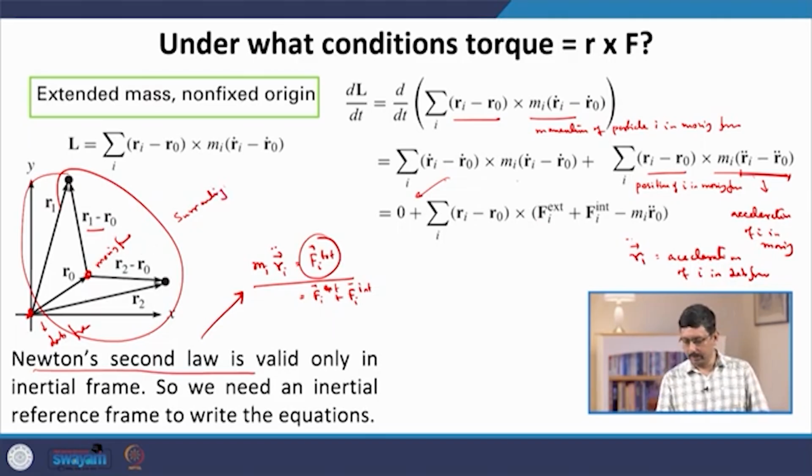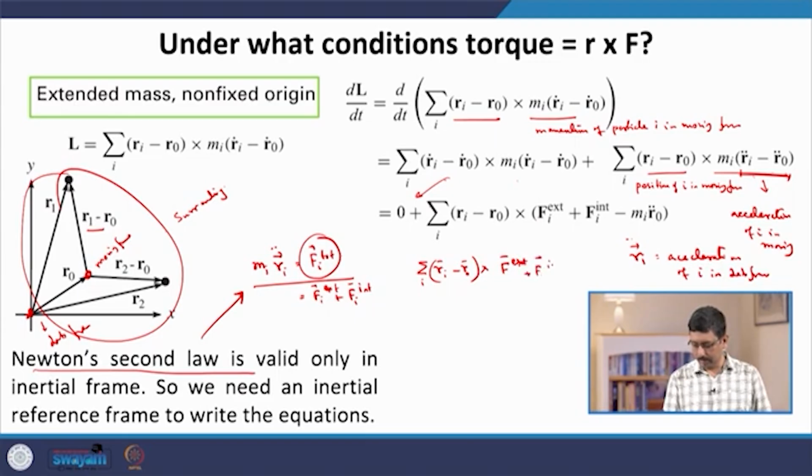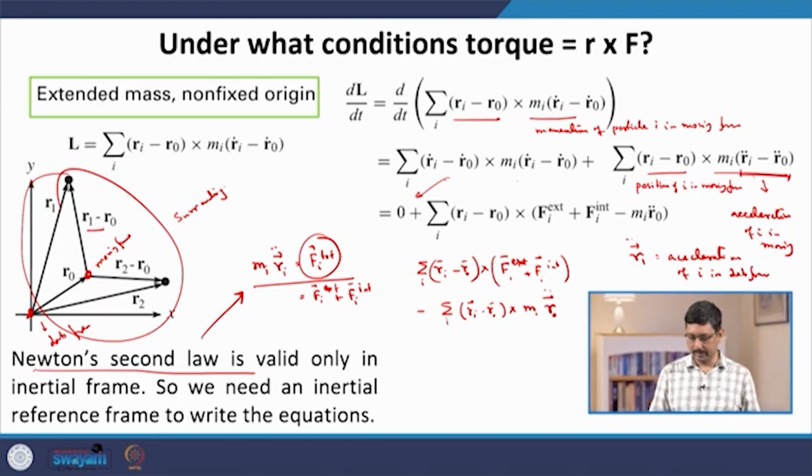The first term then will be the sum over i of r_i minus r_0 cross F external plus internal, and the last term will be the sum over i of r_i minus r_0 cross m_i times the acceleration of the frame itself. So, I am writing all the equations with respect to the fixed frame.